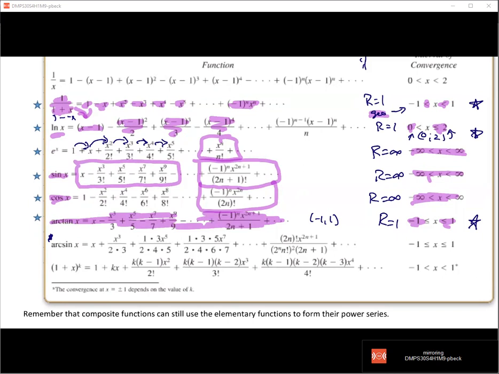The 1 plus x to the k power is what we call the binomial expansion. You remember this as n choose r times x to the n. If you remember that from pre-calculus, that's how we come up with each of the individual terms. We had a formula for n choose r, which is n factorial over n minus r factorial times r factorial.